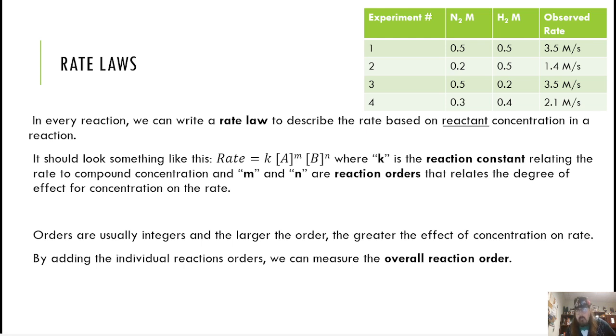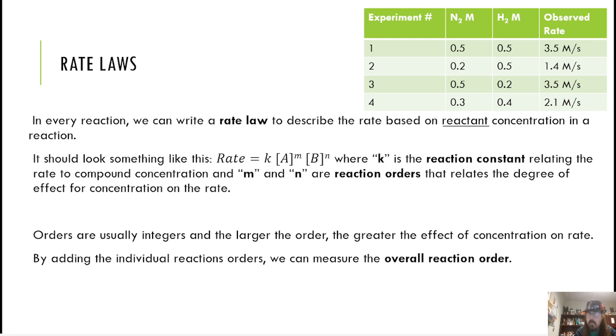Looking at the overall order talks about how many collisions need to happen for this reaction to go. Once this collision or bond fragments, the reaction proceeds quickly. So just looking at the experiment I've shown up there, we'll probably look at it more in the next slide, but we have equal concentrations of nitrogen and hydrogen.